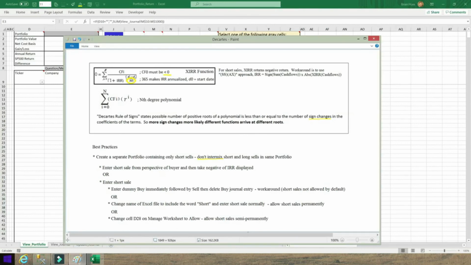There are two methods to disable the blocking of short sales, thus allowing short sales to be entered on the update worksheet. One method is to change the name of the portfolio return app file name to include the word short. Having the word short in the file name clearly reflects that the instance of the app allows short selling. The second method is to select allow in cell D28 on the manage worksheet.